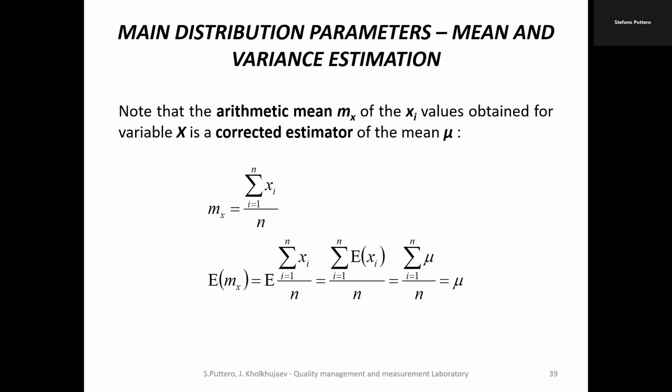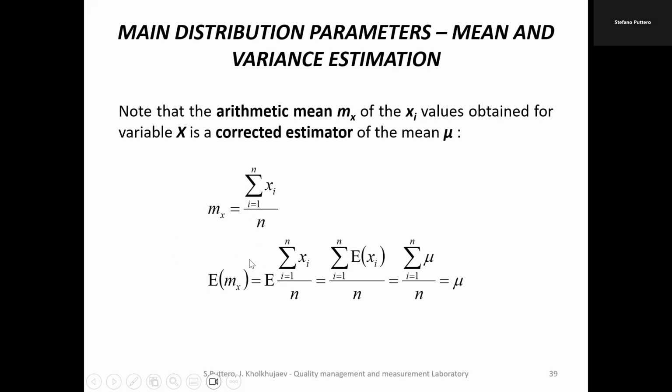That is, of course, a standard arithmetic mean. So if we have three numbers, we have to sum the three numbers and divide by 3 because we have three numbers. So it's quite easy. So we have a sum of the values of xi divided by n, that is the number of data that we have. Okay? In the second row of this slide, we have just the definition of a corrected estimator.